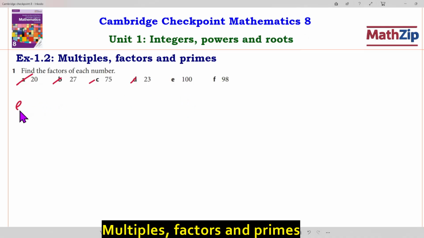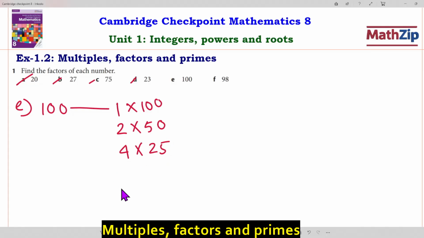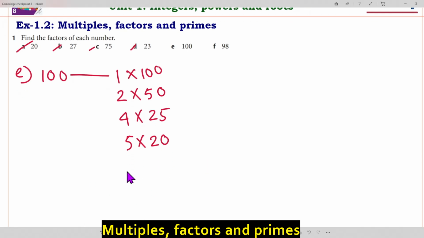Factors of 100. This one we can write 1 times 100. Then 2 times 50. 3 is not possible, 4 times 25. 5 times 20, right? 6, 7, 8, 9, 10 possible, 10 times 10. 11, 12, 13, 14, 15, 16, 17, 18, 19, 20.